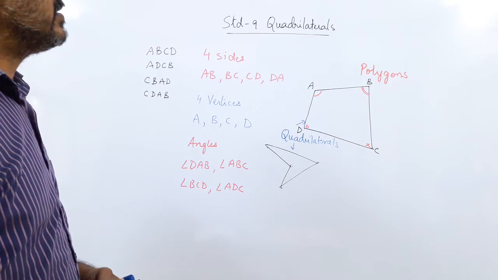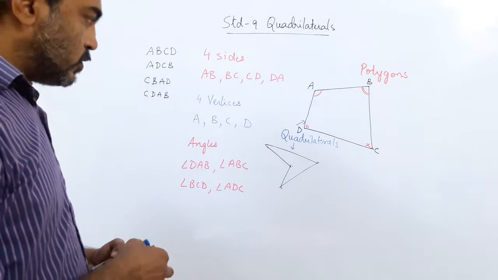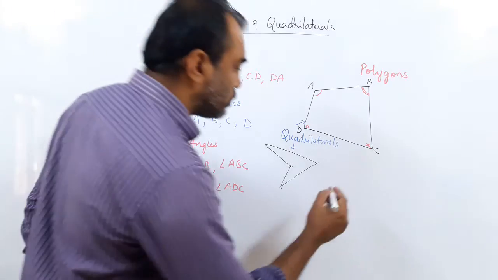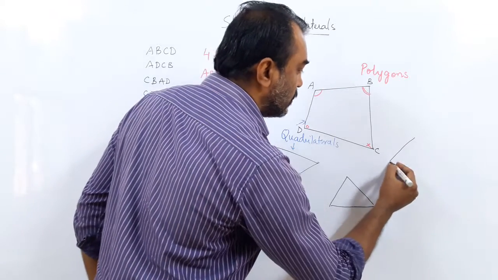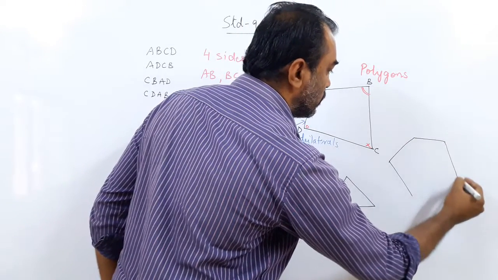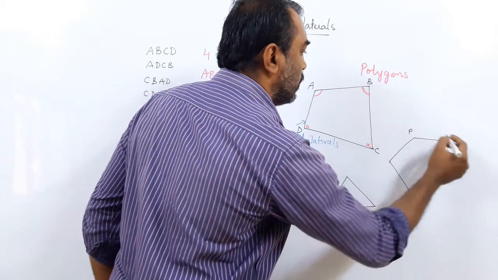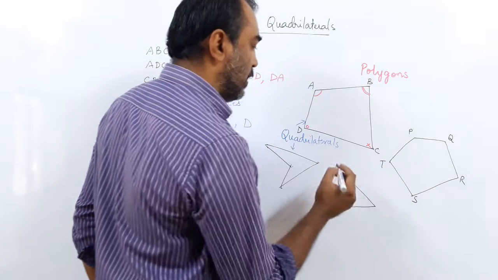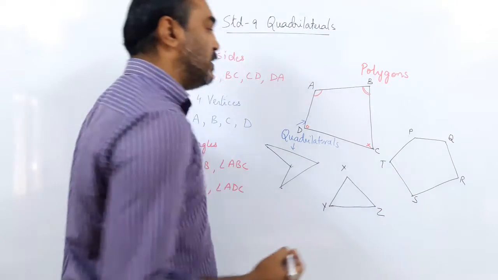Now next we have to understand what the diagonals of the quadrilateral are. Okay? So here I will again draw a pentagon and a triangle to understand. This is a triangle and this is a pentagon. Let me name them: P, Q, R, S, T, and X, Y, Z. Now understand diagonals.